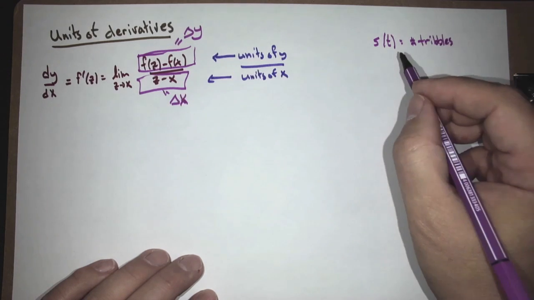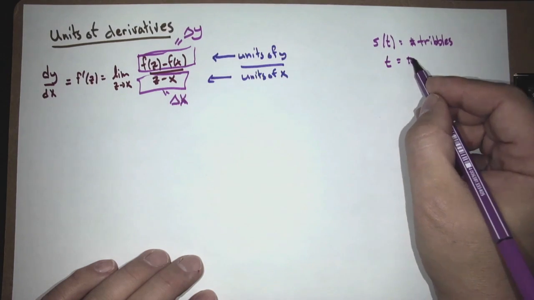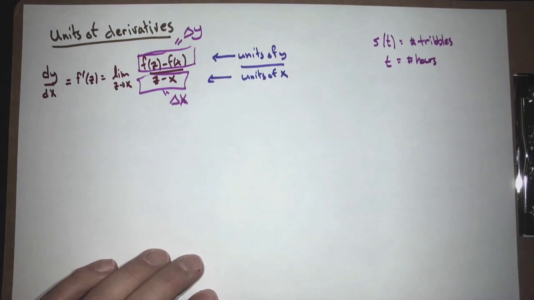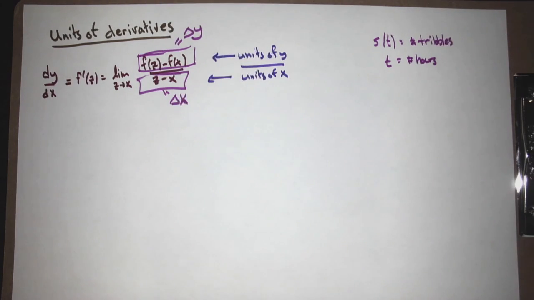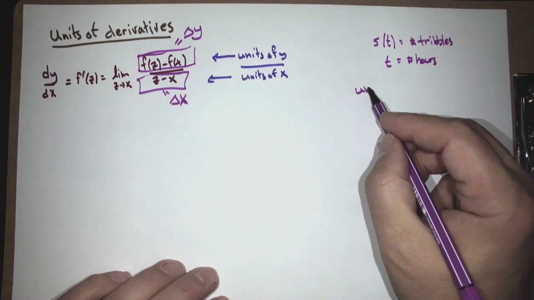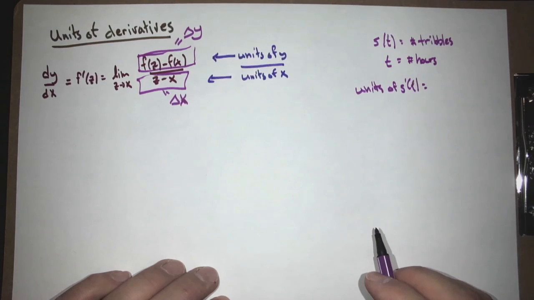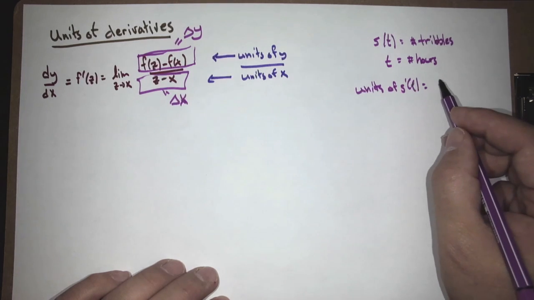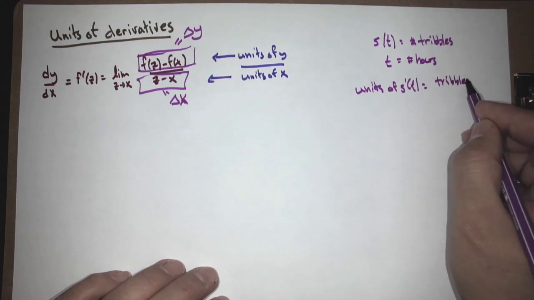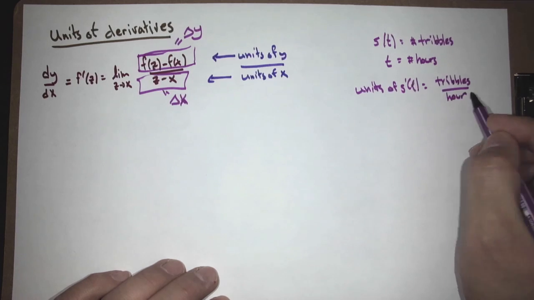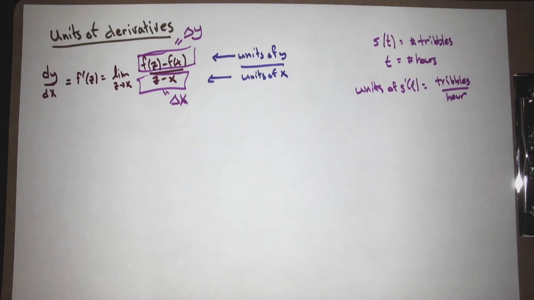Okay, so s of t is the number of tribbles, where t is the number of hours since you've docked at the space station. What would the units of s prime be? Tribbles, the output, per hour, the input. How many tribbles are being generated in a given hour? The rate at which tribbles are generating.